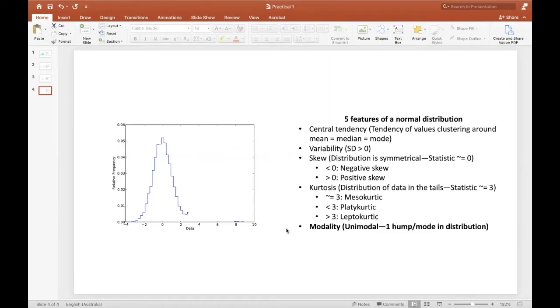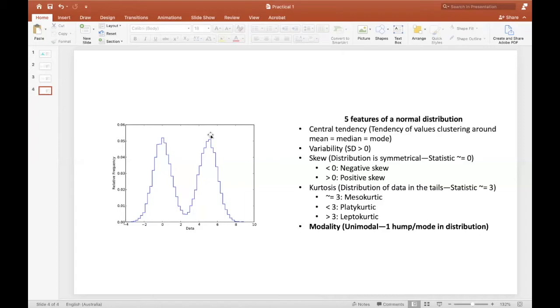So a unimodal distribution will have one very clear mode, as the name suggests. However, a bimodal distribution would have two clear modes. You can also have 3 modes, which would be considered multimodal.